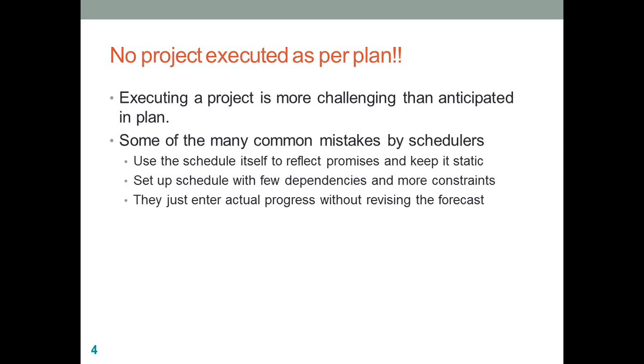But let's now talk about how these mistakes are connected with the topic we are discussing. If you closely observe the first mistake, they keep the plan static, which means they don't have a baseline, which means they don't keep the plan up to date, and they will not be able to know where they stand with respect to project execution.